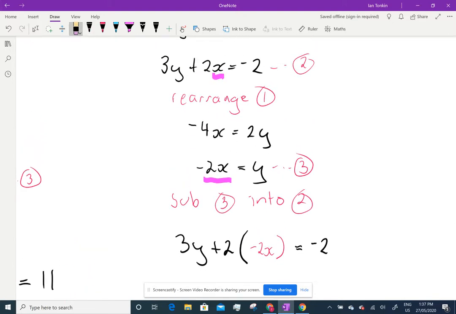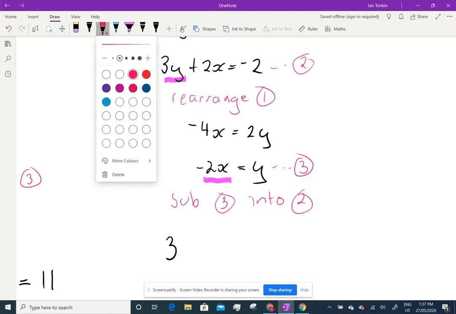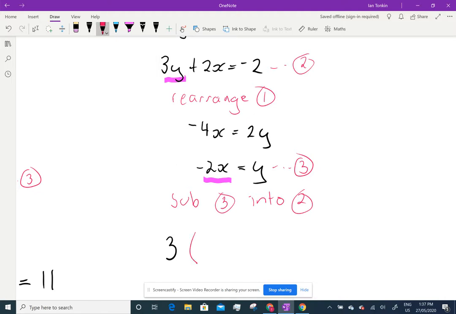I've substituted that incorrectly. I'm not going to put it there. I'm going to put it there. Right. So 3, now I use my colour, minus 2x plus 2x equals negative 2.